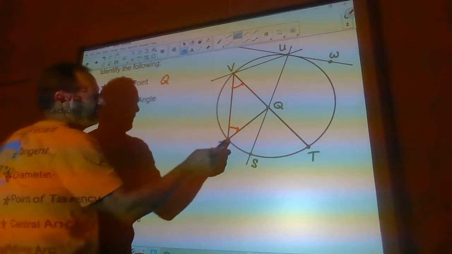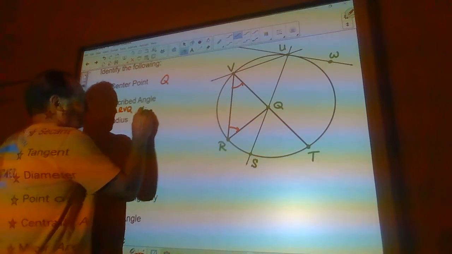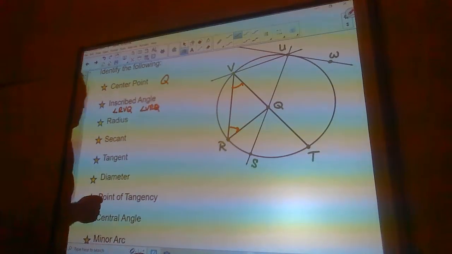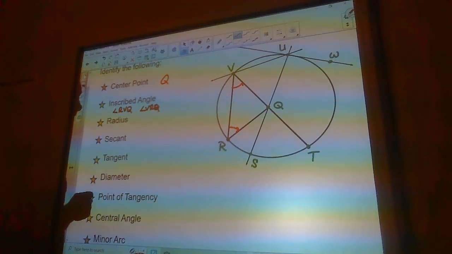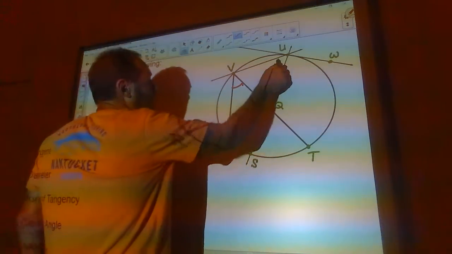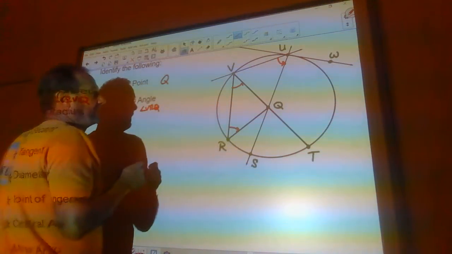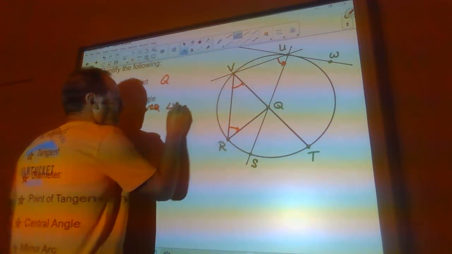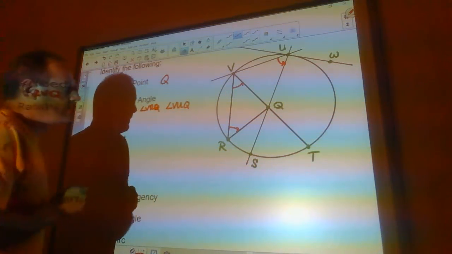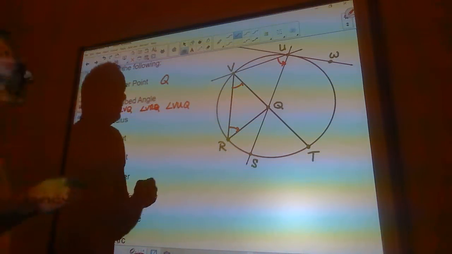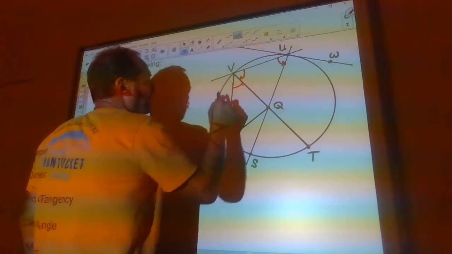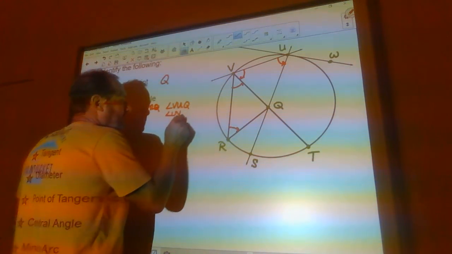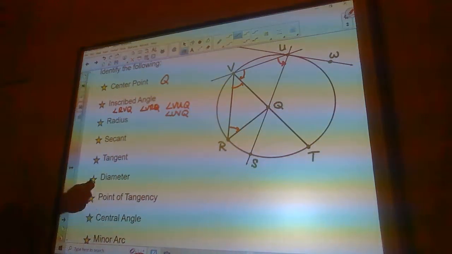That would be angle VRQ. You could have this angle up here, angle VUQ. And you could have this angle right here, which would have been UVQ. So any one of those four would work.